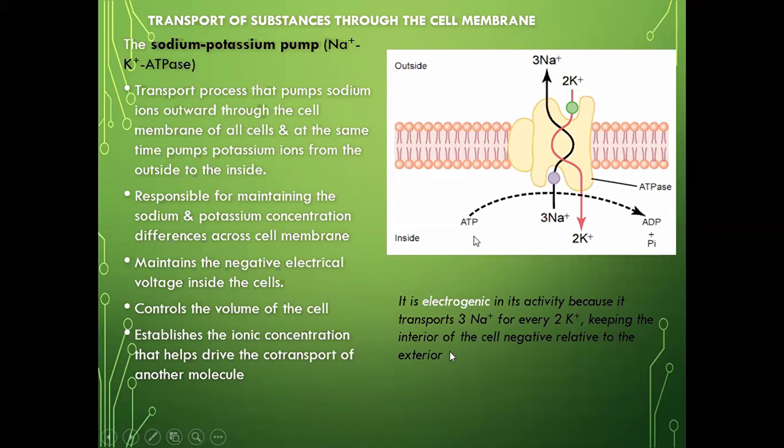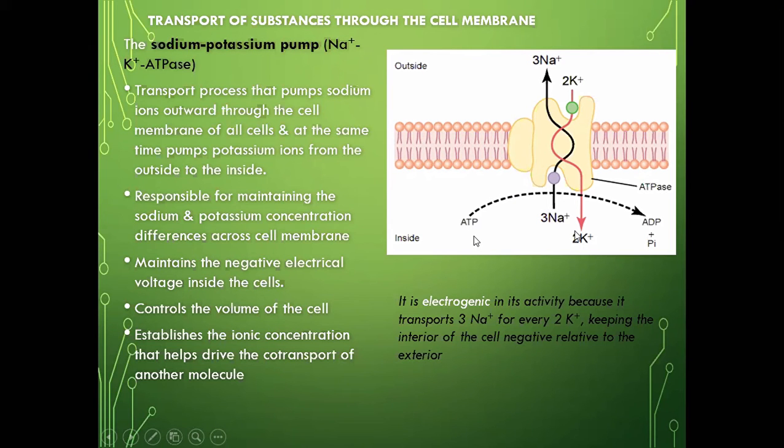Why? Because it transports 3 sodium out for every 2 potassium that go in, keeping the interior of the cell negative relative to the exterior. You notice that sodium is positive, right? So 3 sodium going out and 2 potassium going in.